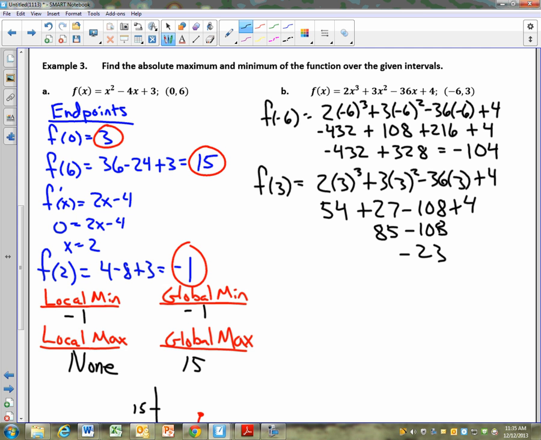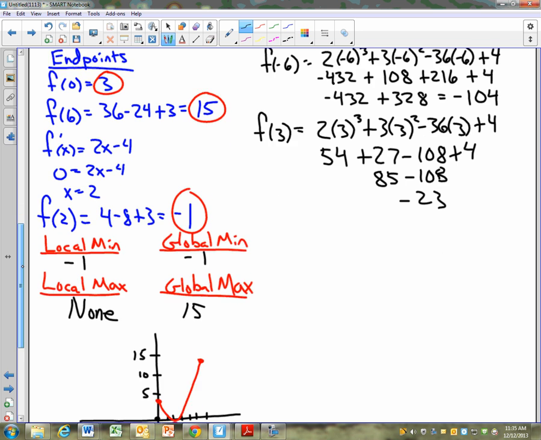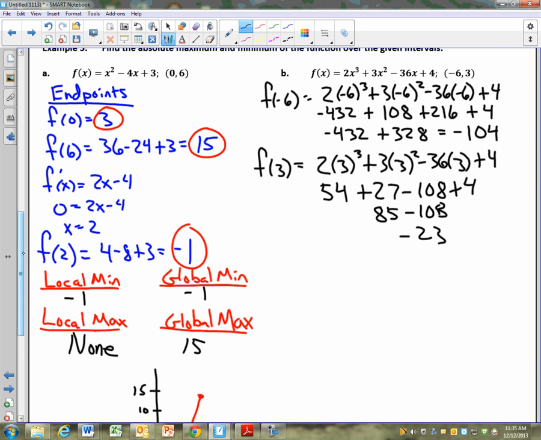So we've tested the endpoints. What should we do after that? Take the derivative and set it equal to 0. So let's just do that right away. 0 equals, what's the derivative? Very good.